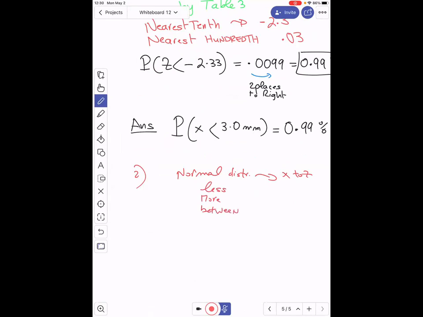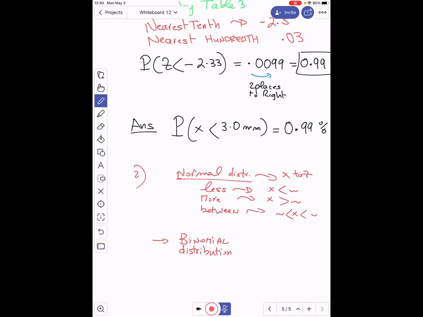If it's less than, then x is less than some number; if more, then x is more than some number; and the third case is where x is between 2 numbers. If you don't see the normal distribution, then it's probably about the binomial distribution, and that will be 7.6, which I'm going to discuss for exercises 3 and 4. So this would be binomial.